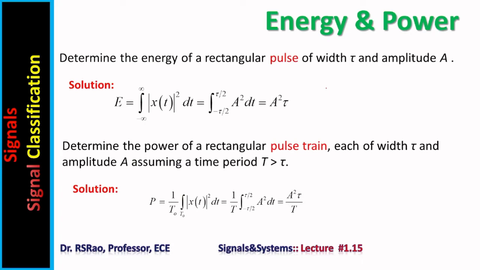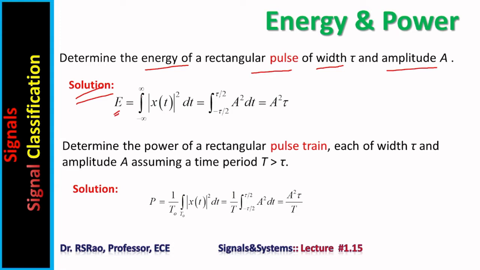So we consider another problem. Determine the energy of a rectangular pulse of width tau and amplitude A. Solution: it is quite a simple problem. Only thing is we need to have the mathematical defining relation of energy in our minds.